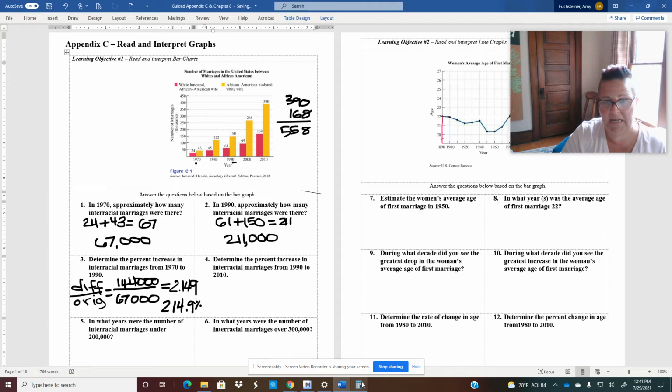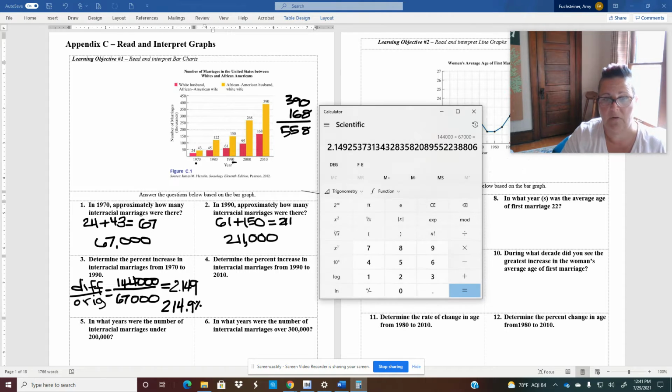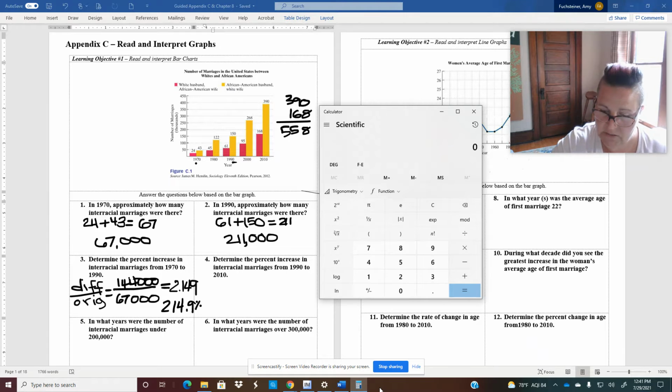So I need to take 558,000. Oh, where I want this one. I want my calculator. There we go. So now I want 558. Well, let's just check my math, because let's do 390 plus 168. That's 558,000. That's what I had. We're going to times that by 1,000 to get 558,000.